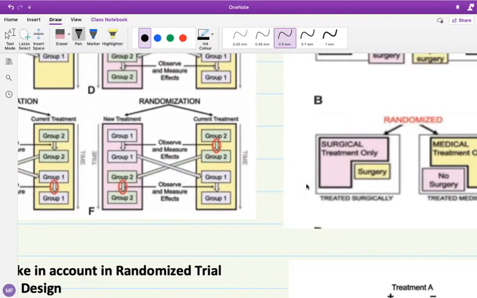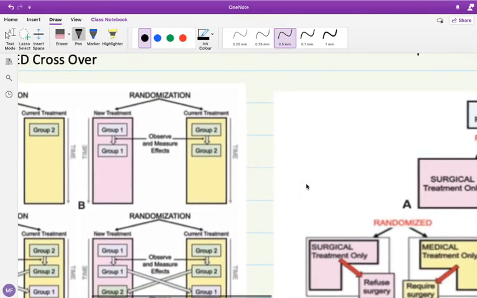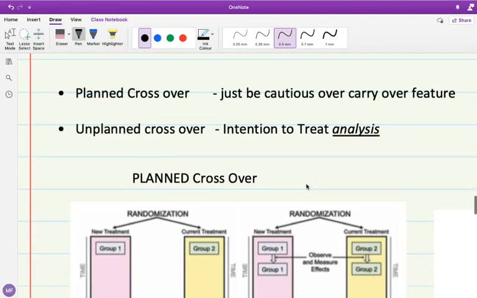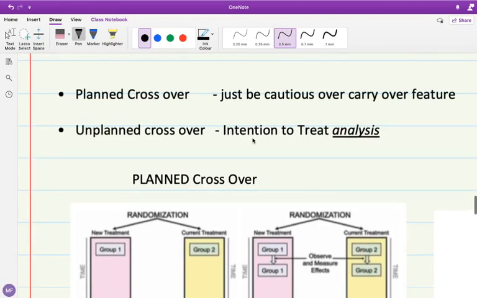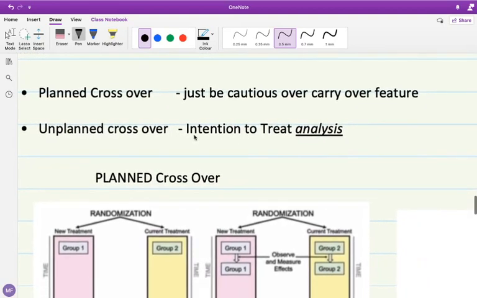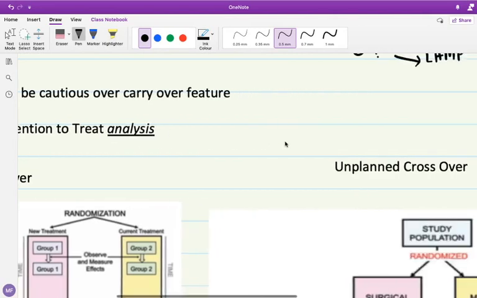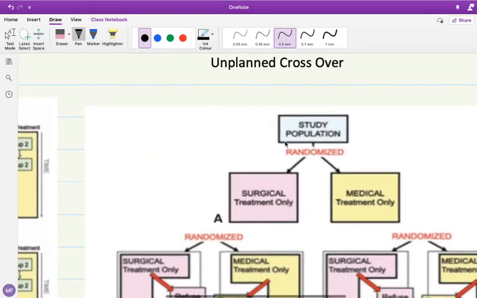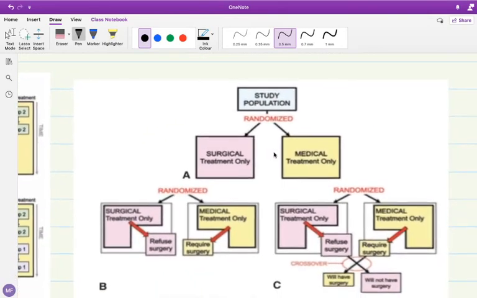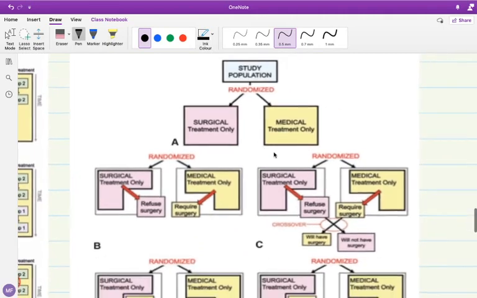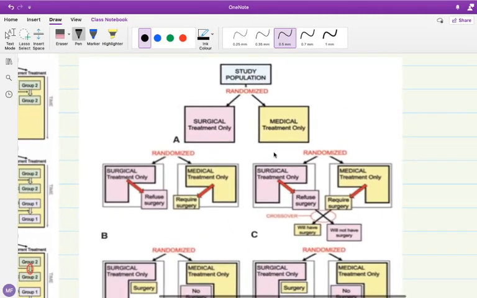Okay, and now if there is a planned crossover, there must be an unplanned crossover, right? So over here you just need to remember intention to treat. That's a very important term. Let's assume that we are working on a certain group of cases, and there are two options for them.